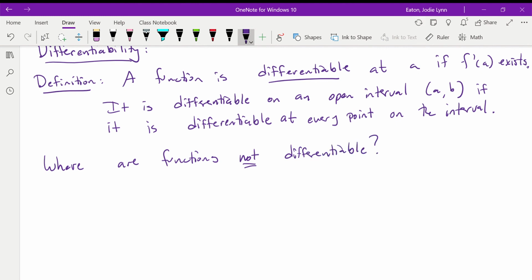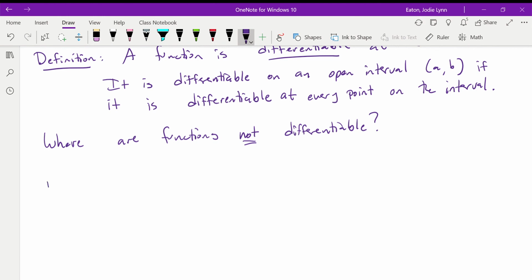Okay, so functions are not differentiable at any type of discontinuity.